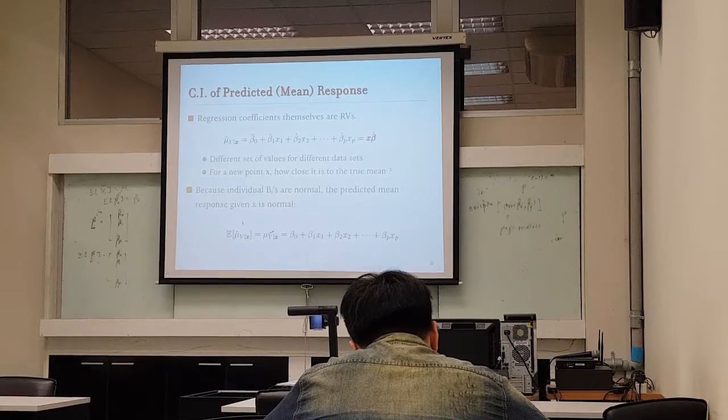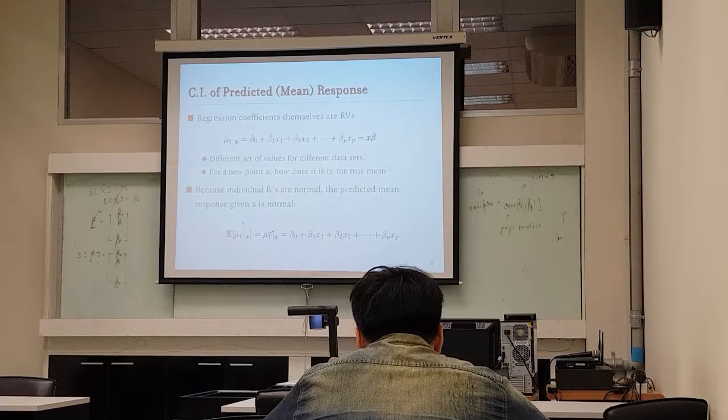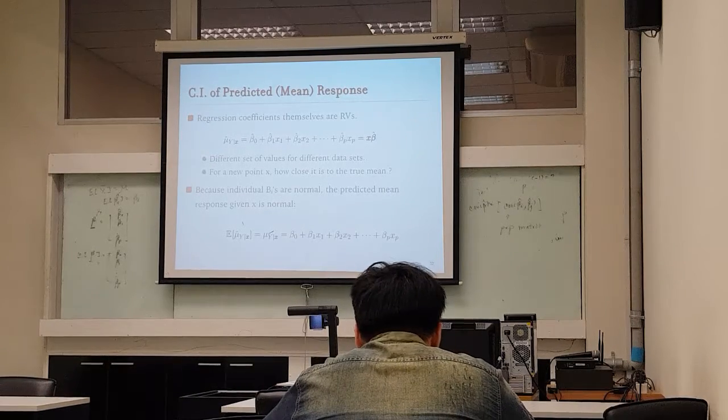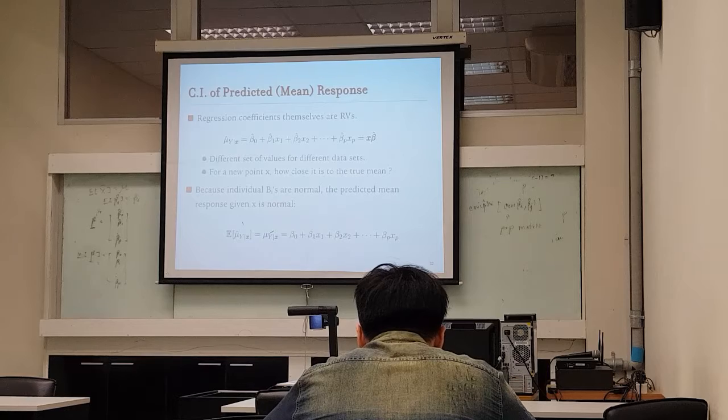So different data sets give you different beta. So the question is, how close is the predicted mean response at the point value x to the true mean of the model? We can answer this question by using the confidence interval.